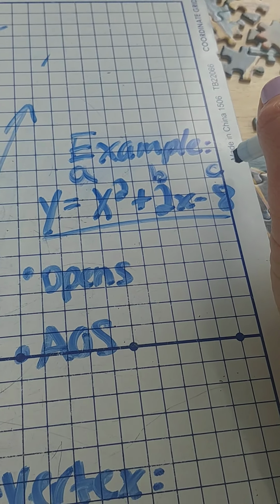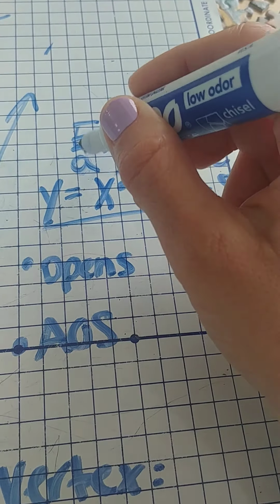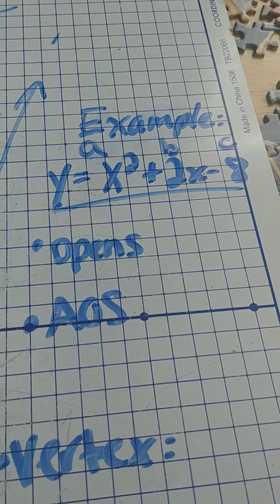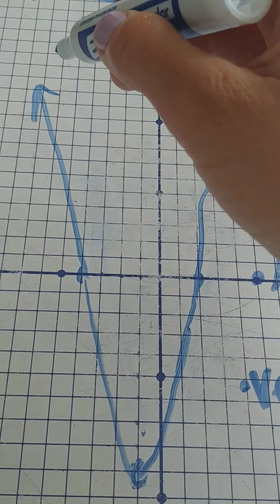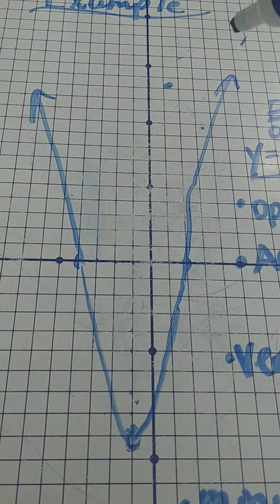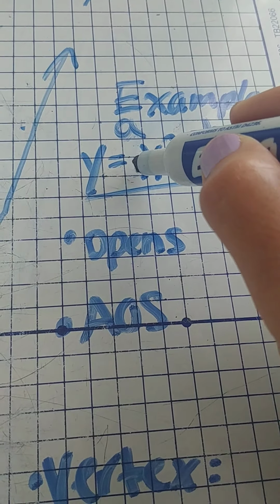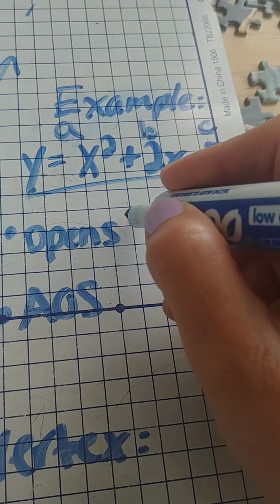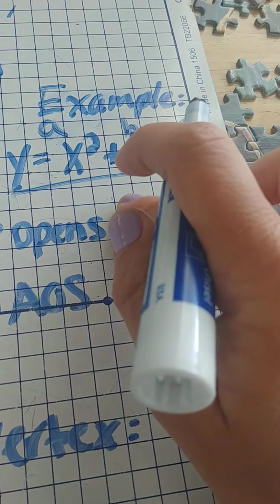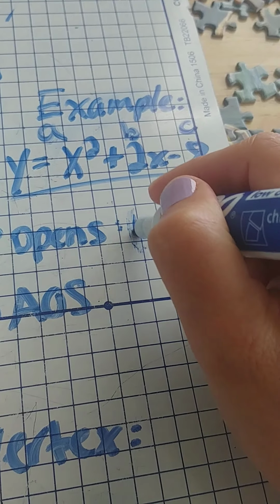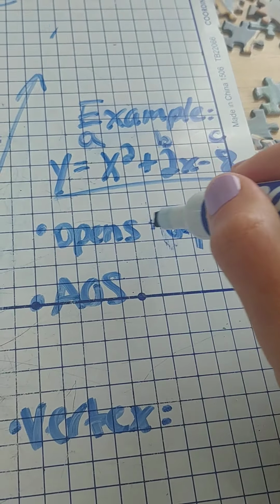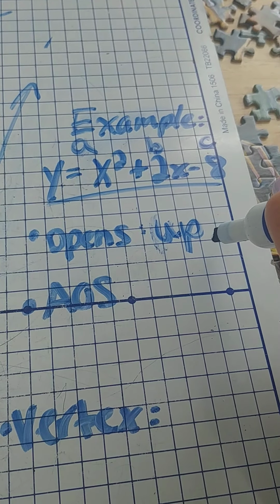We really didn't do anything with our C value, but we definitely used our A and our B value. Since we see in this picture that this parabola opens upwards, and we come to A and we see that A is positive because there's no negative sign here, we know that this opens up. So we're going to write up underneath opens.